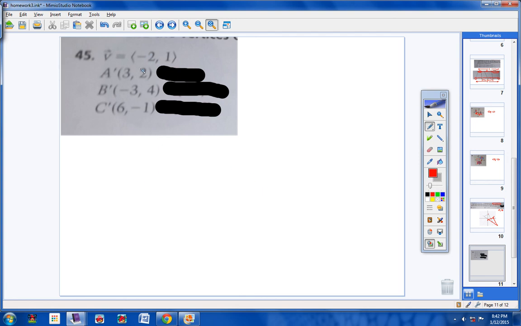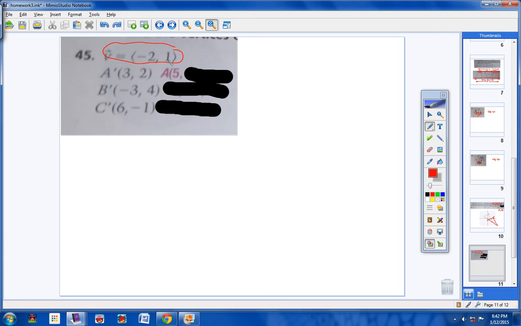So instead of subtracting 2, we're going to add 2, and when you add 2, you get 5. And then instead of adding 1 to the 2, we're going to subtract 1 from the 2, because this is your translation vector. The only thing is, these points right here are not your pre-image, they're your ending image. You're trying to go backwards and find the pre-image.